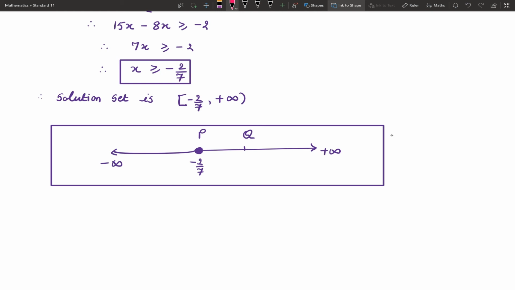So this is the solution. So graphically it is ray PQ. So this is the solution on the number line.